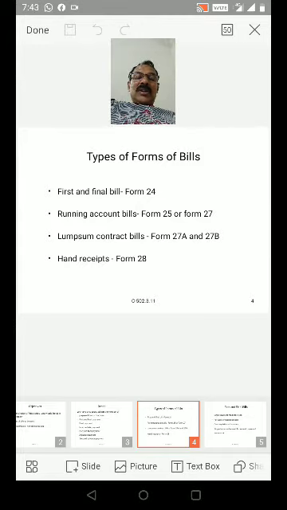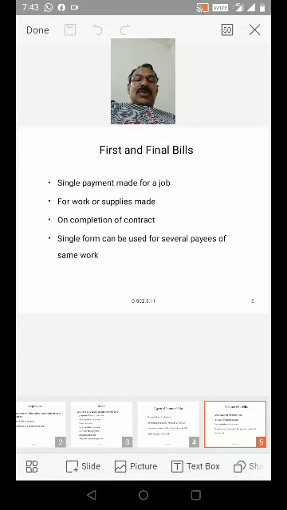From that, first and final bill form 24. Single payment made for a job, for work or supplies made on completion of contract.